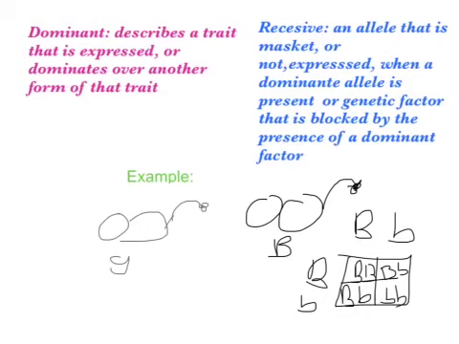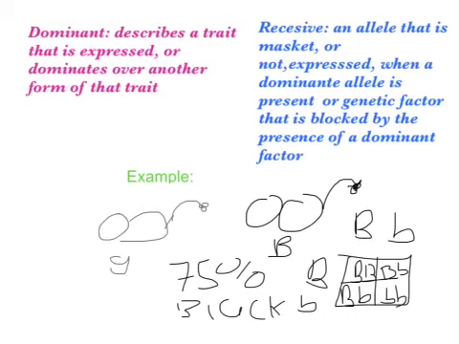So 75% will be black, and the other 25% will be gray.